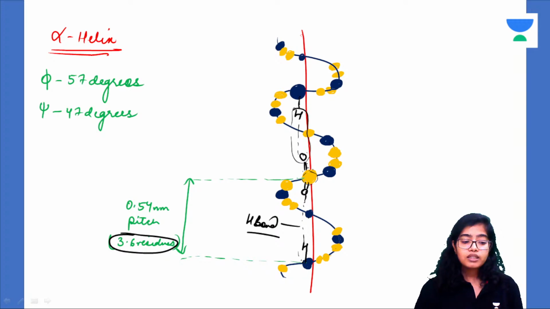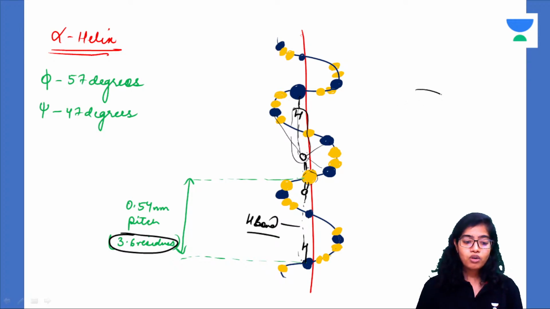This, if it forms a bond with this, it will not be collinear. This will also not be collinear. Only the fourth residue will be collinear because there are 3.6 residues per turn.